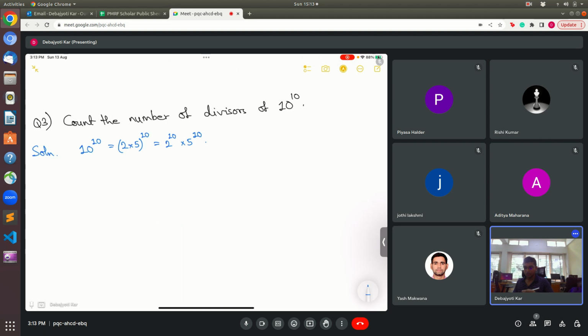So we have this. Here 2 and 5 are primes. So this is the prime factorization of this number. Now once we have this decomposition into primes, what will any divisor look like?